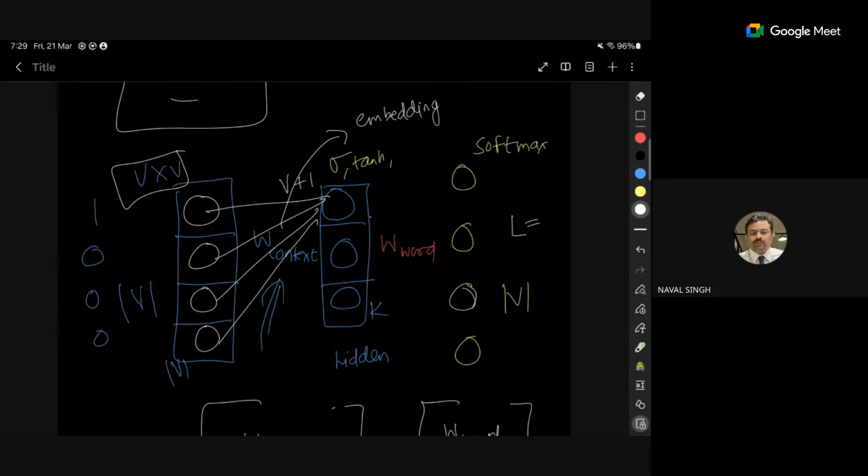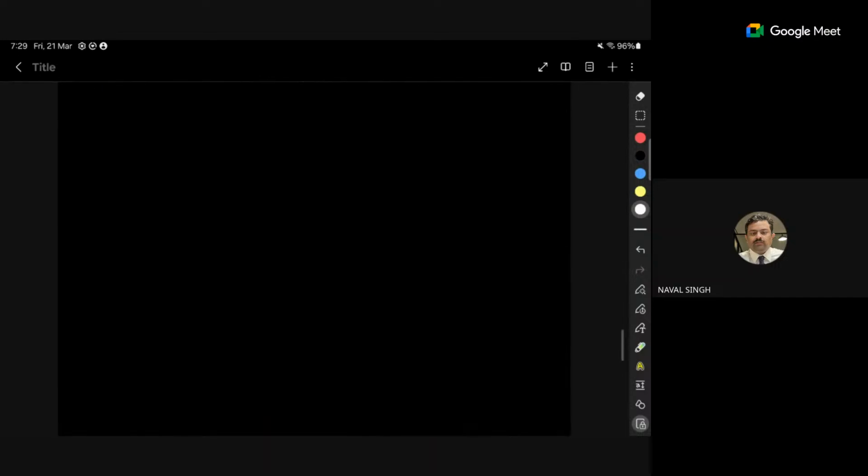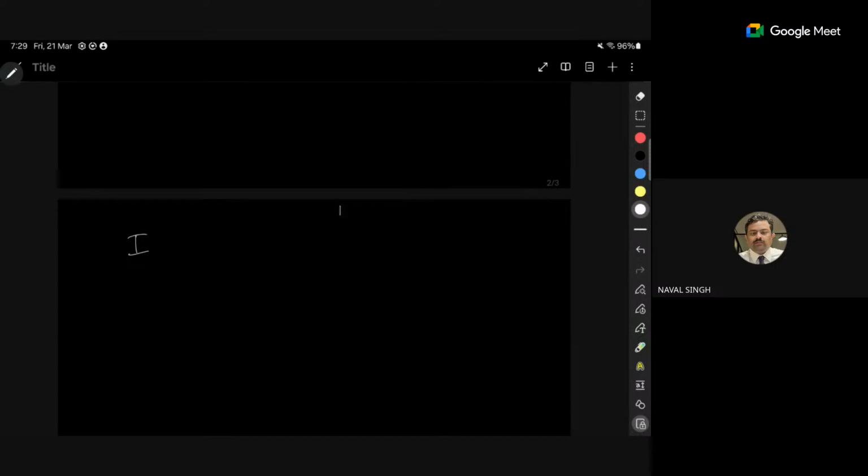So the size is reduced, right? Let's say I have a corpus or vocabulary of 'I am going, he sat on chair'. How many words? 1, 2, 3, 4, 5, 6, 7.